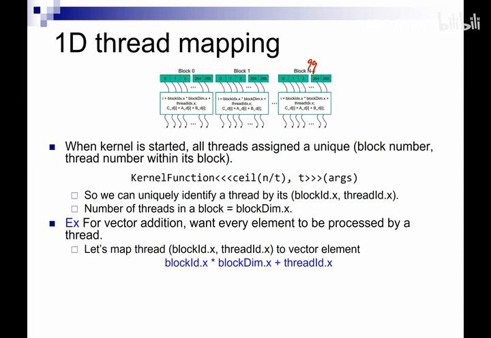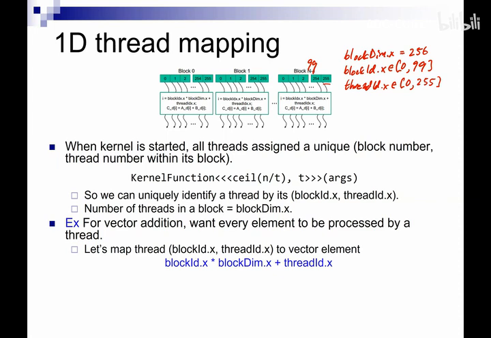Then this blockIdx.x is going to be a number between 0 and 99. The block dimension, blockDim.x, is how many threads are in each block, which is 256. And threadIdx.x is going to be a number between 0 and 255 because it's the ID of a thread within its thread block.